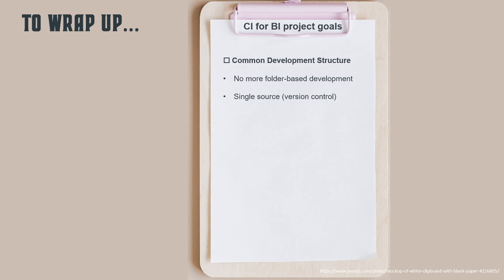And we wanted to have a single version of the truth. So we needed version control. Database project was the kind of development approach that solved one of our problems. And with Azure DevOps, we got that kind of remote repository to store all our development artifacts.